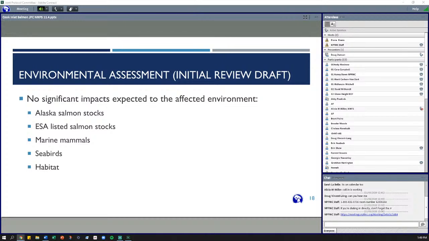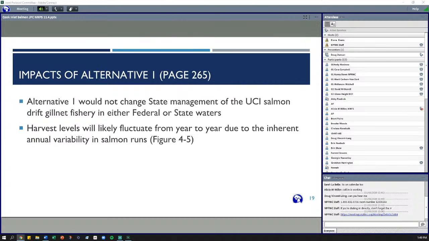And at this point of the analysis, there are no significant impacts expected to any of these resource components. And maybe we'll talk a little bit more about this in the next section of the presentation, which is getting into the expected impacts of the alternatives.